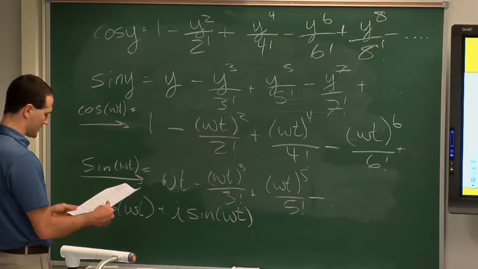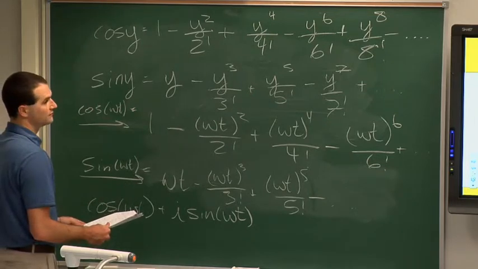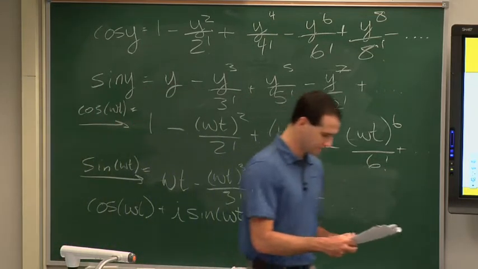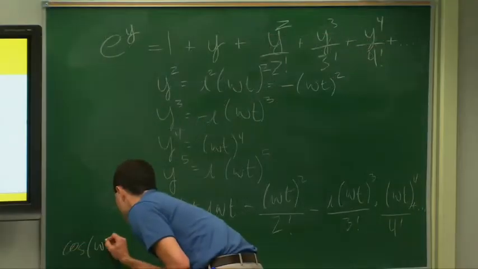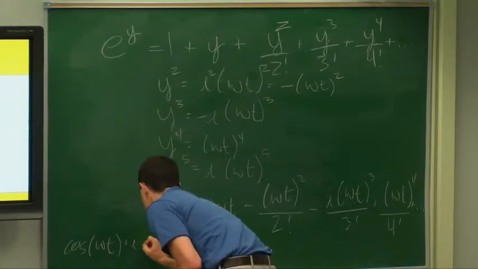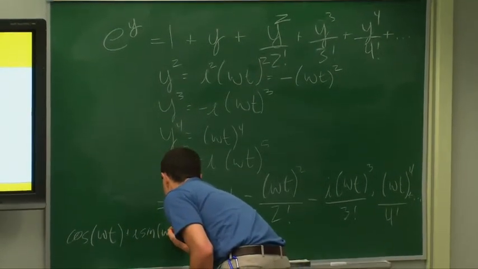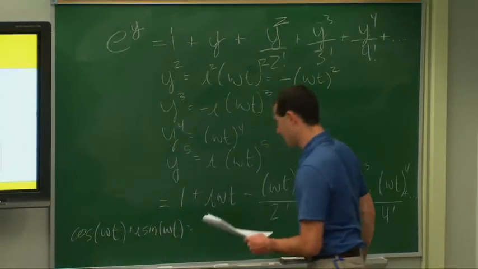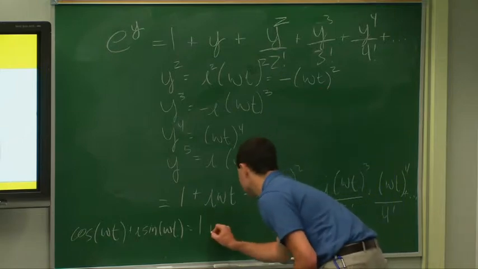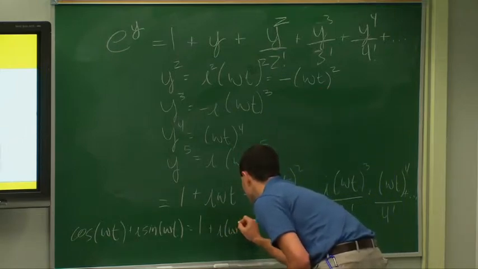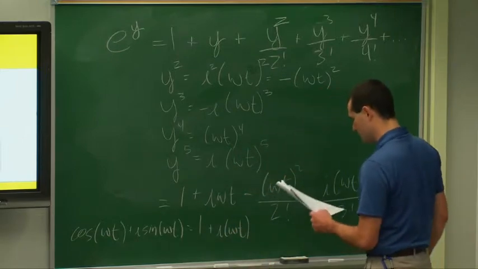When I add those together, I'll write it over here. So I have cosine omega t plus i sine omega t. And I get the 1 from the cosine plus i omega t from the sine.